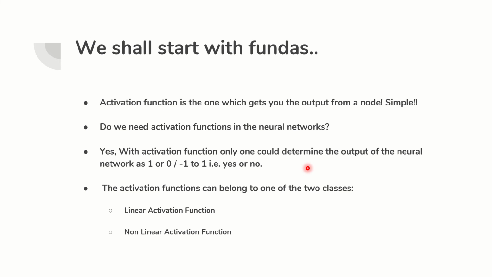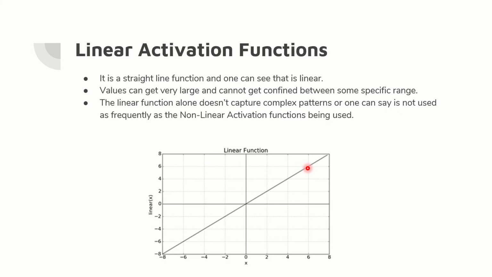There are two classes of activation function called the linear activation function and the non-linear activation function. What is a linear activation function? Very simple. This function is linear. You can see that this is a straight line. The values in a linear activation function will get very large, and it cannot be confined between a specific range.